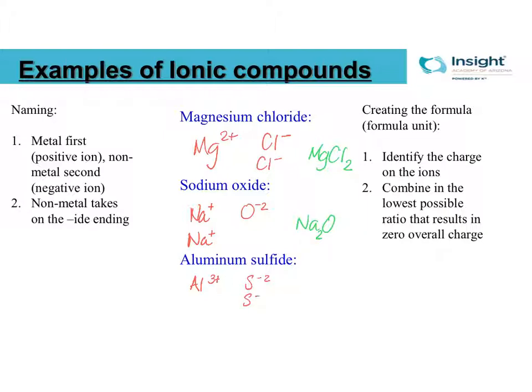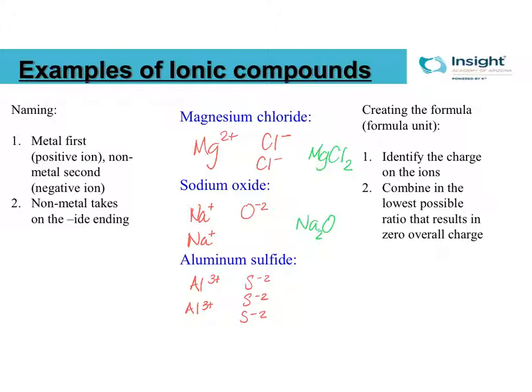So if I throw in another sulfur, I'm going to have -2 plus -2, which is -4, and then aluminum 3+. So that doesn't outright fix things. So now I need extra positive. So let's throw another aluminum in there. All right, so now I've got 6+ and -4. So I need some more negative.